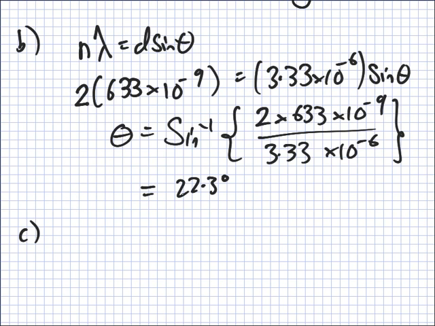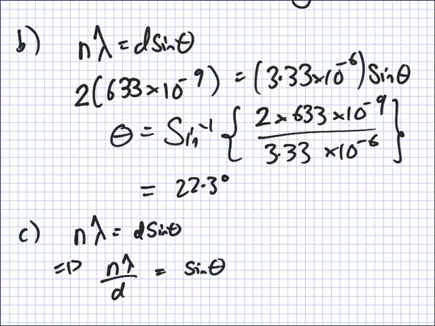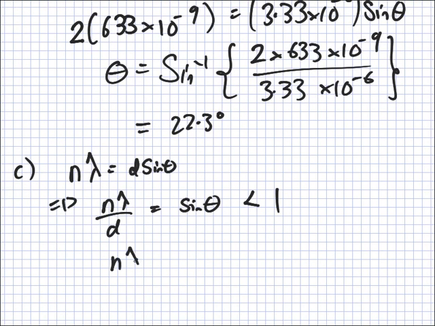What is the highest order? So, n lambda equals d sine theta. You could change that into n lambda over d equals sine theta. But sine theta always must be less than 1. So it means then that n lambda over d must be less than 1, which means that n must be less than d over lambda.